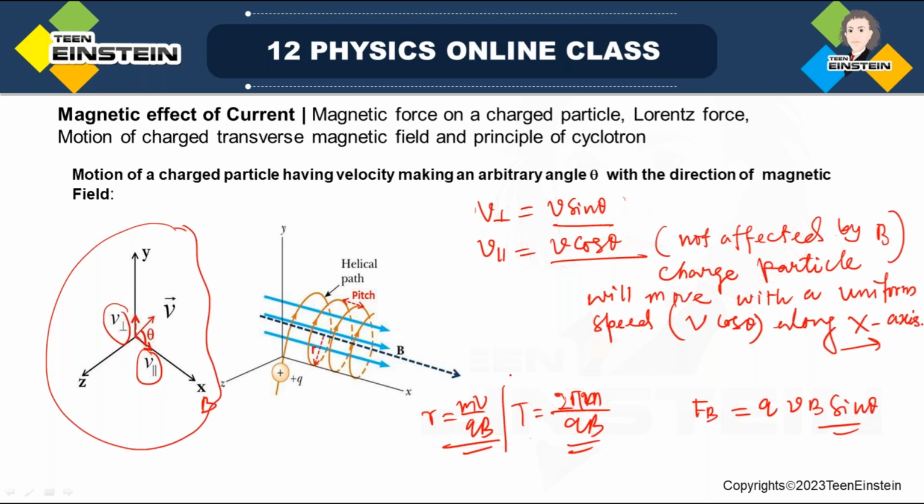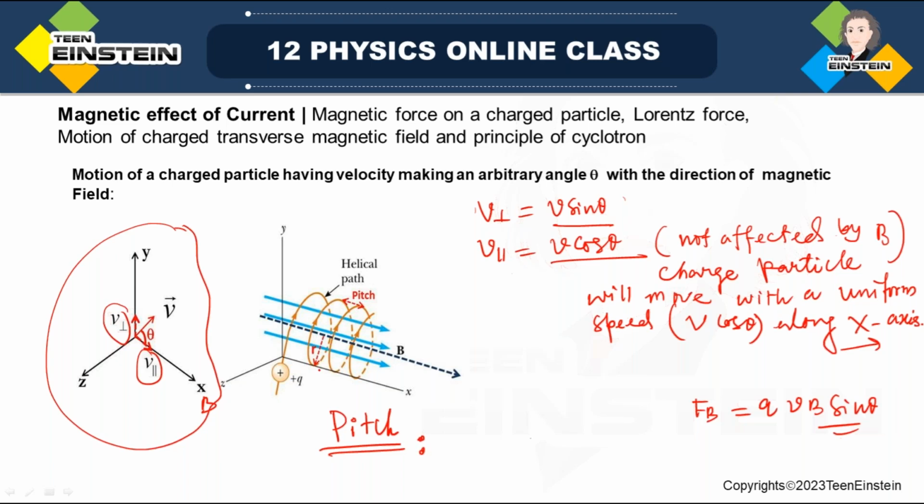You can find out the rest. Now one more parameter in the case of a helical path is important, that is pitch. How do you get the pitch? First of all, what is pitch? Pitch is the linear distance a charged particle moves in a complete cycle.